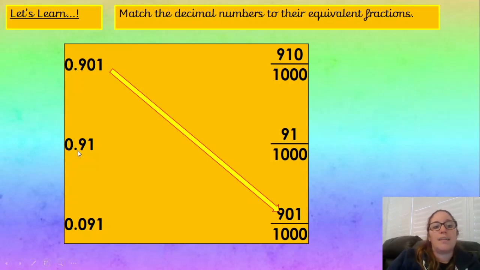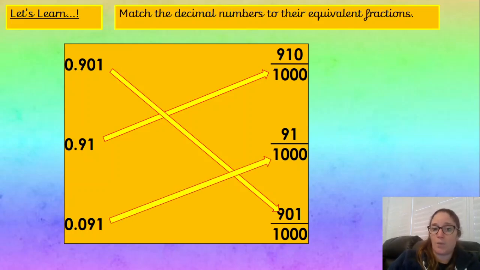We've then got 0.91. So we've got our tenths, we've got our hundredths, which must mean there's 0 thousandths. So it's 0.910, which is the same as 910 thousandths. And then we've got 0.091, which is the same as 91 thousandths.